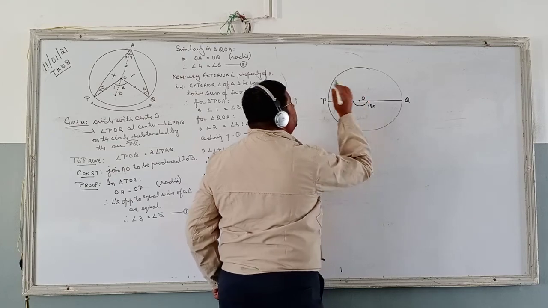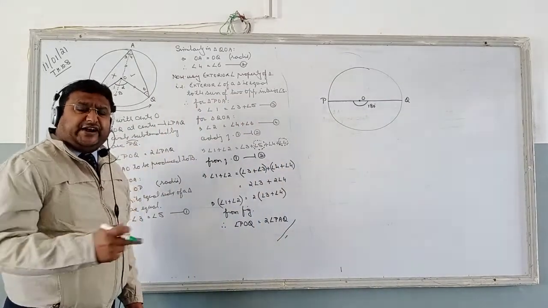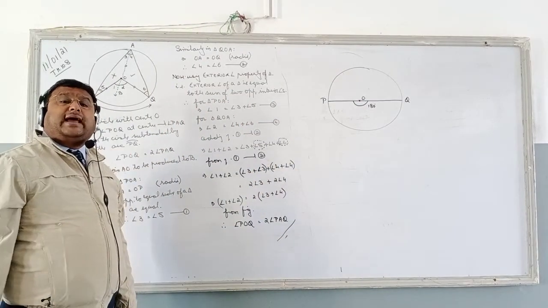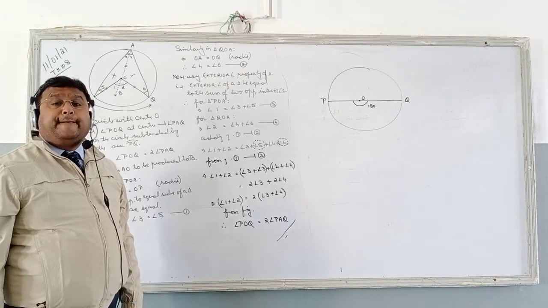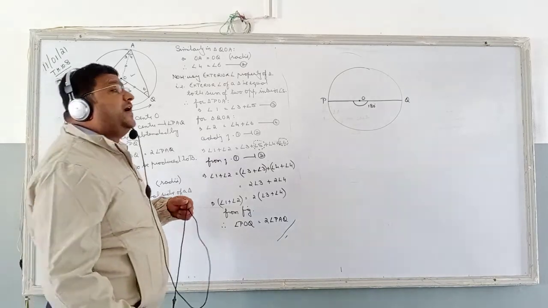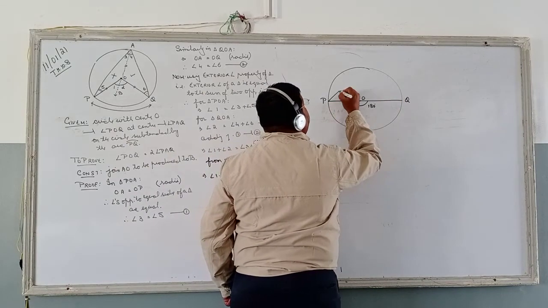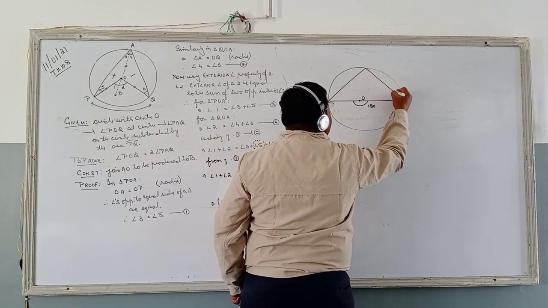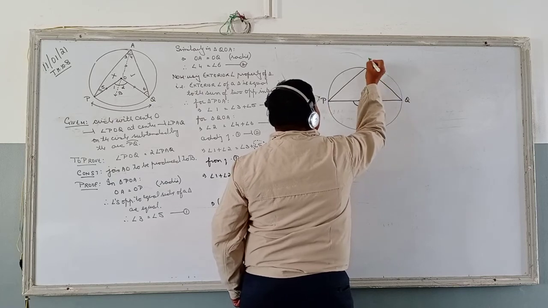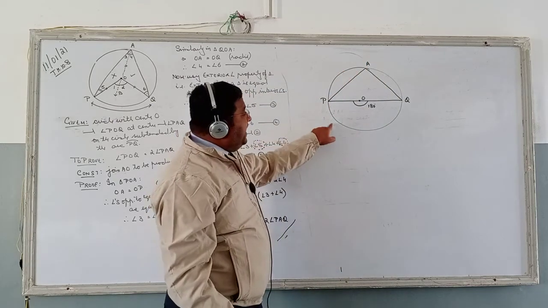Now, if it is a straight line, how much is this angle? Sir, 180 degrees. All of us know that if it is a straight line, the angle over that line is 180 degrees. Now, if I draw another angle on the same arc, this A, is it on the same arc?